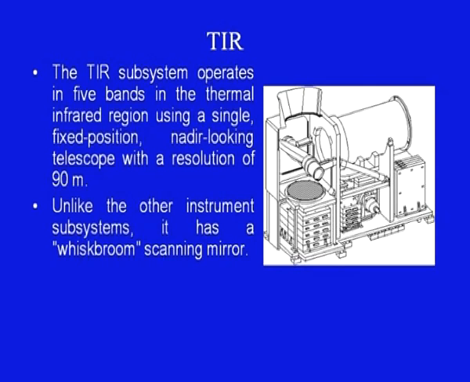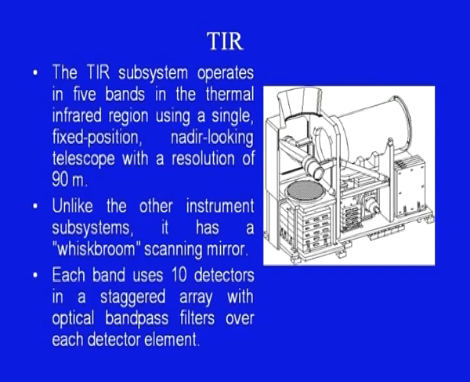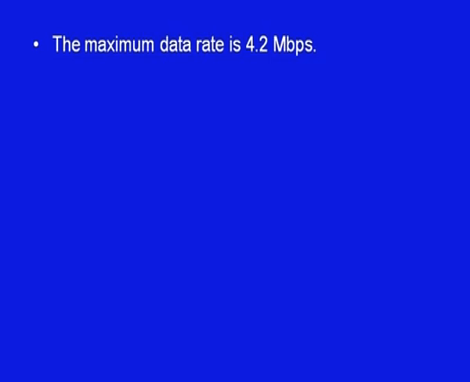Unlike the other instrument subsystems, it has a whisk broom scanning mirror. Each band uses 10 detectors in a staggered array with optical band pass filters over each detector element. The maximum data rate is 4.2 Mbps.